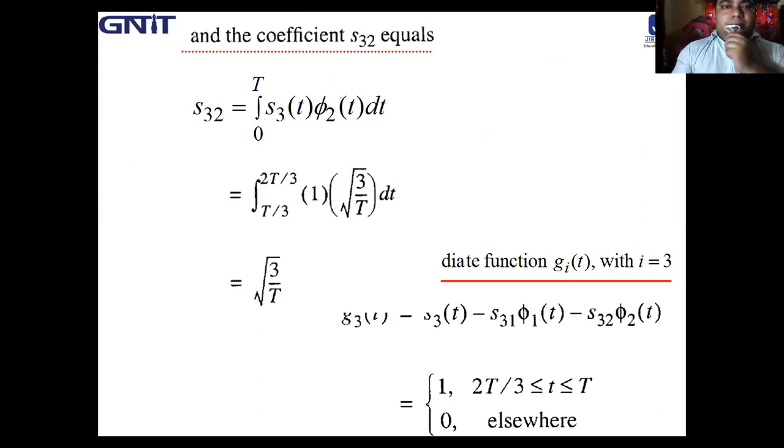Now, phi 2(t) belongs to T/3 to 2T/3, and S3(t) has an amplitude of 1 unit, and phi 2(t) we already evaluated is root over 3/T. So S32 is root over T/3.